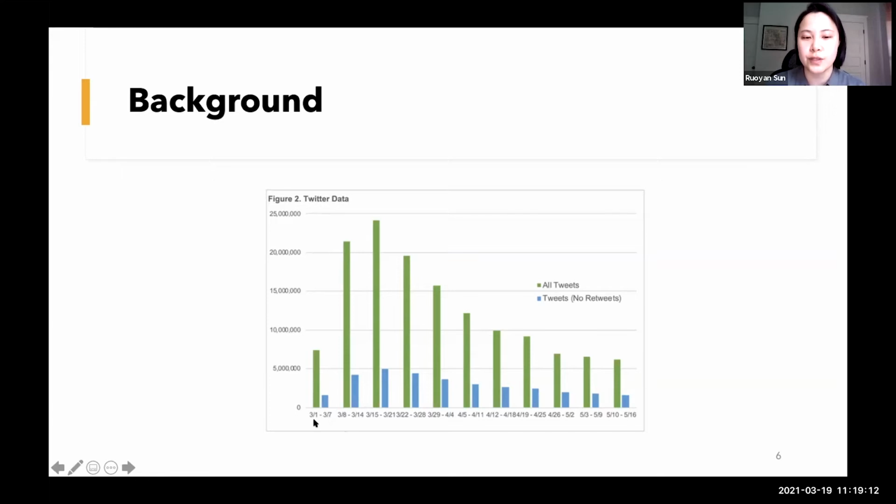Just looking at the first week of March, if we include all the tweets, including retweets, we have over 5 million tweets posted online in just that week that are related to COVID-19. This number increased till mid-March, but it has remained well above 5 million through this entire period. This is the advantage of social media data: you have a huge amount of data. However, there are some data quality issues, which I will talk about a bit later.